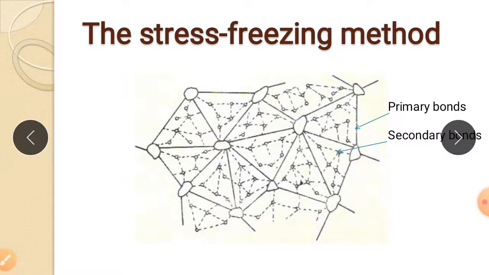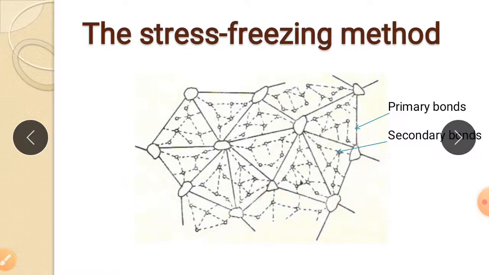This hydrocarbon chain is one such network. If you apply load on it, both the primary bonds and secondary bonds together take the load. First we apply the load, where the primary and secondary bonds take the load equally.